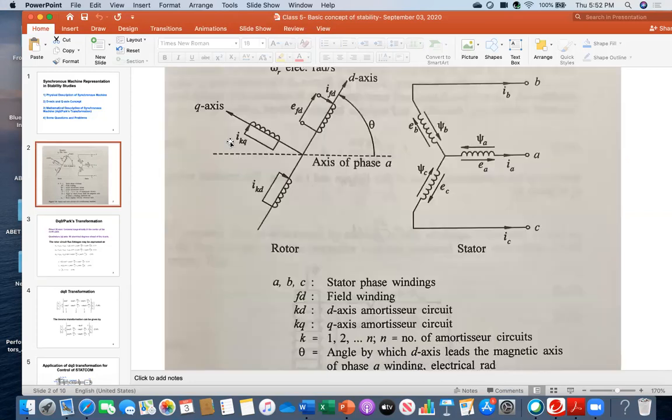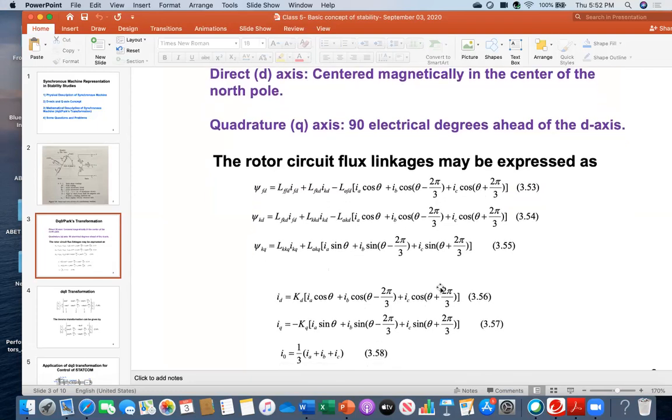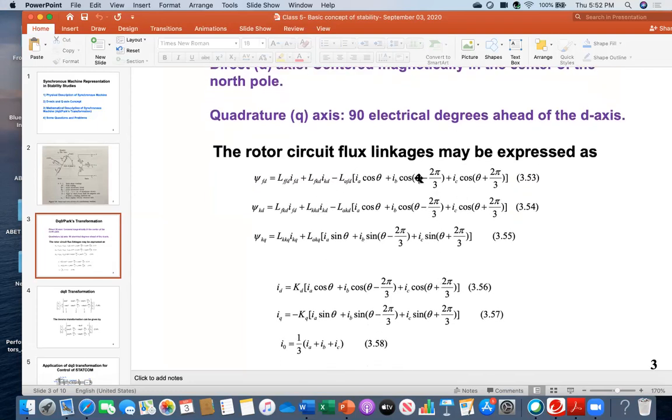And this one is at 90 degrees, meaning quadrature axis, which is related to sine theta. So by looking at this pattern, you can say the flux linkage in the d-axis is proportionate to these quantities in terms of cosine theta, and flux linkage in the quadrature axis is related to those quantities but in terms of sine theta.